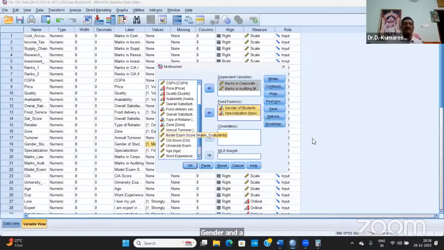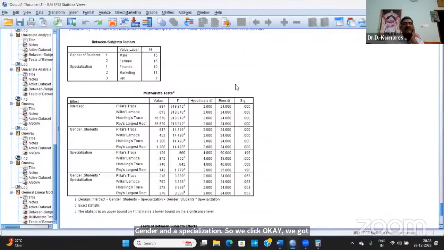So we click OK, we get the results. See here, multivariate tests. I told you Pillai's trace, Wilks' lambda, Hotelling's trace, Roy's largest root. With these also, the F values are given, then the p-values are given. For gender of the students, in all the four tests, it is 0.000, significant.